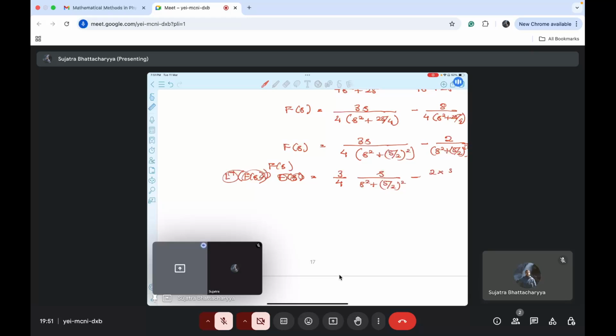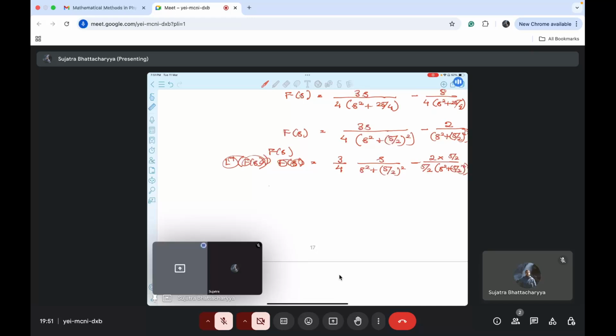Can I multiply by 5 by 2 and divide by 5 by 2, and then write s square plus (5 by 2) whole square? Now if you do the L inverse of this, that gives you 3 by 4 cos of (5 by 2)t minus 4 by 5 sine of (5 by 2)t. That's all. This is how the inverse Laplace transformation has to be calculated.